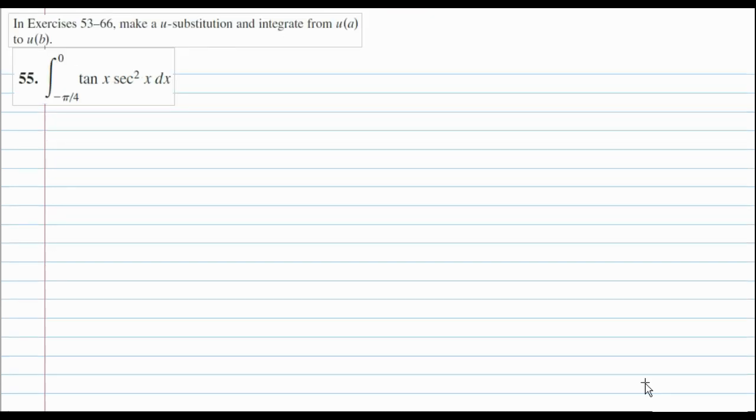Now try problem number 55, which says make a u substitution and integrate specifically from u of a to u of b. They are telling you to leave this as a function of u and then plug in your new lower and upper limits of integration. So we have the integral of tangent of x secant squared of x. U substitution will apply here because the derivative of tangent is secant squared.